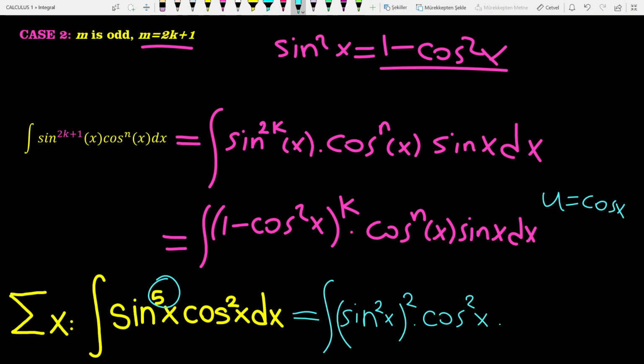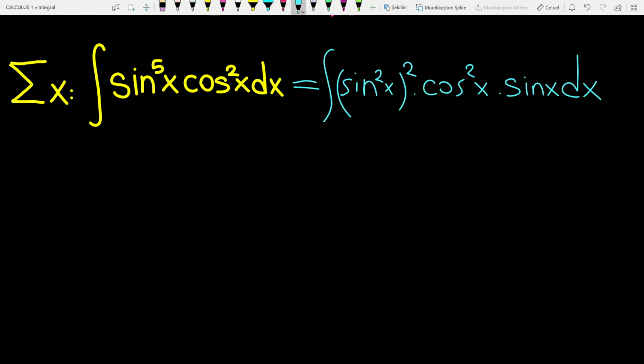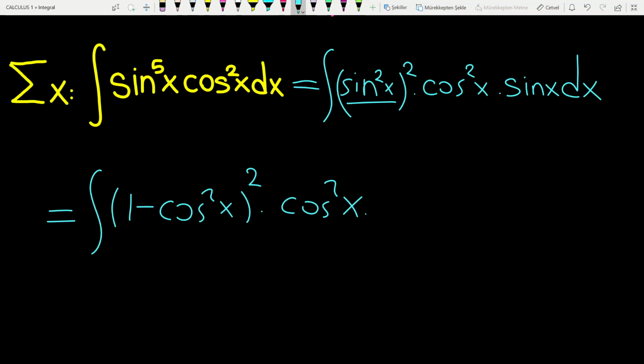And since I save one sine factor, I write here sine x dx. This is equal to the integral of, instead of sine square, 1 minus cosine square x, squared, times cosine square x sine x dx.